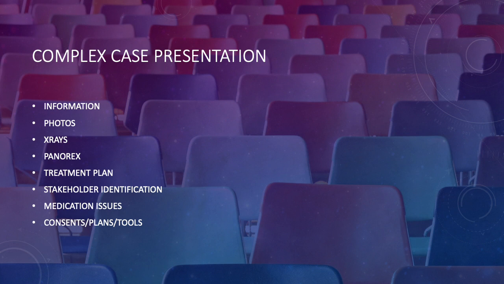Okay. So let's go in specifically to complex cases. When you are collecting information for a complex case, you need to take photos, you need to have x-rays, you may need a Panorex, you need to have a treatment plan, you need to identify the players involved in presenting that treatment plan and getting treatment plan acceptance. You need to understand the medications and/or medical situations that are facing your patient and how that's going to impact your treatment plan choices.